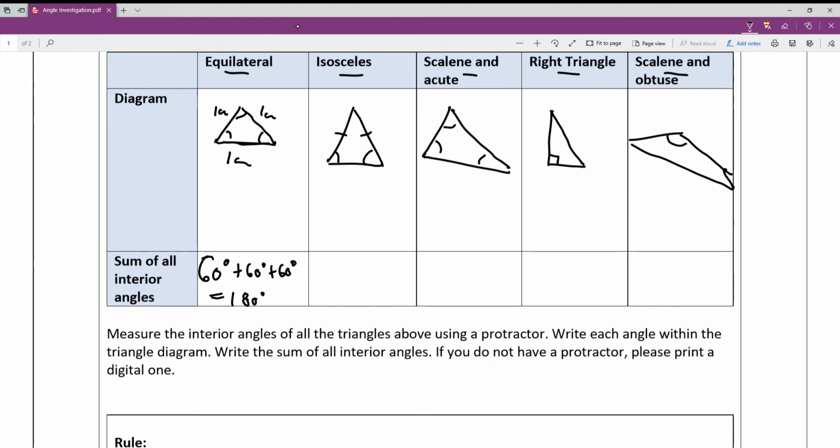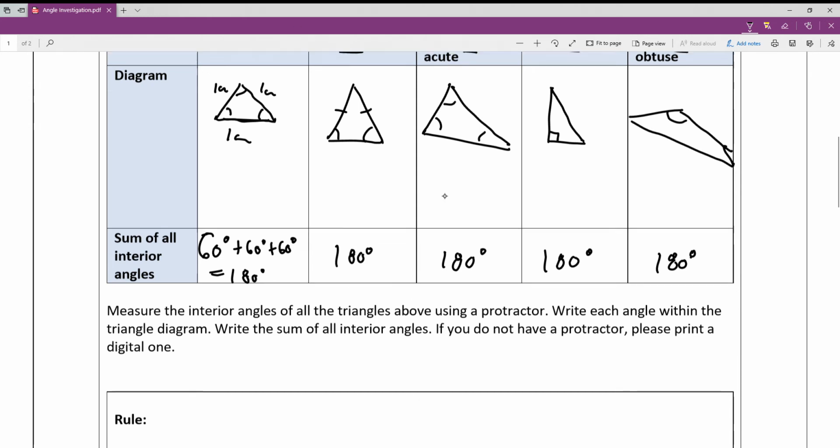For the isosceles triangle, you get 2 of the same angles and another one, and then they all add up to 180 as well. Scalene and acute as well, they all add up to 180. The right triangle all add up to 180, and the scalene and obtuse all add up to 180.